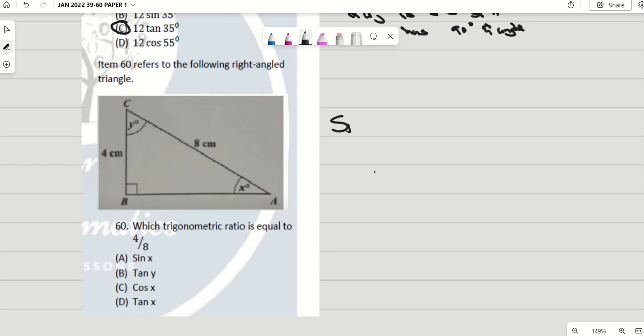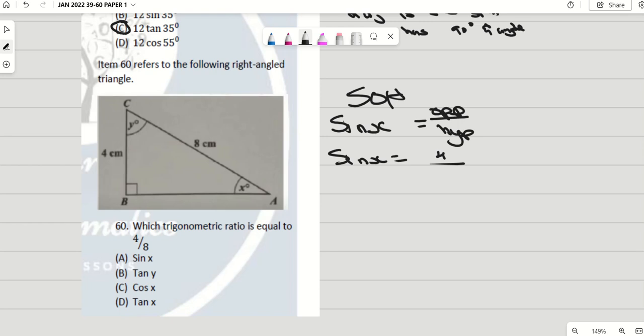If they said sine x, where we're talking about angle x, sine is opposite over hypotenuse. The opposite of x is 4. So sine x is equal to 4 over your hypotenuse, which does not change. It is just the side that is opposite to 90 degrees, which is 8.